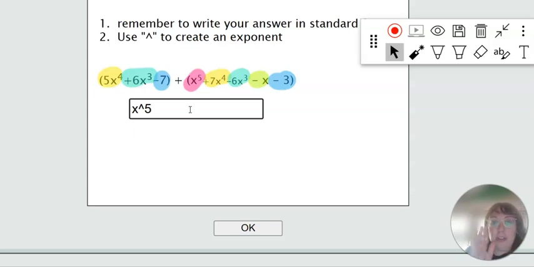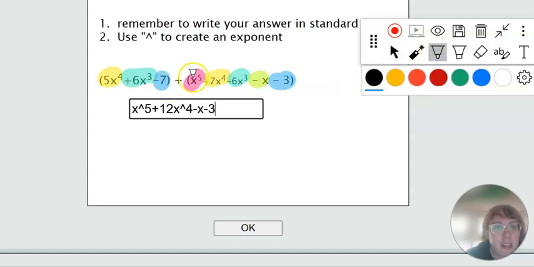So x to the 5th first, since it is the biggest exponent. Then 5x to the 4th plus 7x to the 4th is going to get us 12x to the 4th. 6x cubed minus 6x cubed cancels out. We don't have any x squareds. So now we have just a negative x and a negative 3.